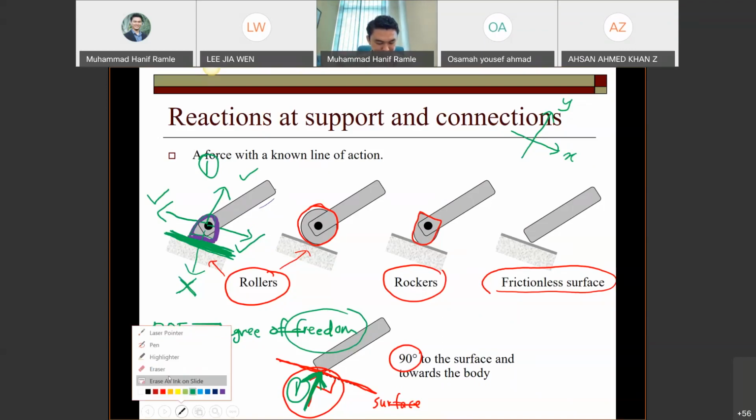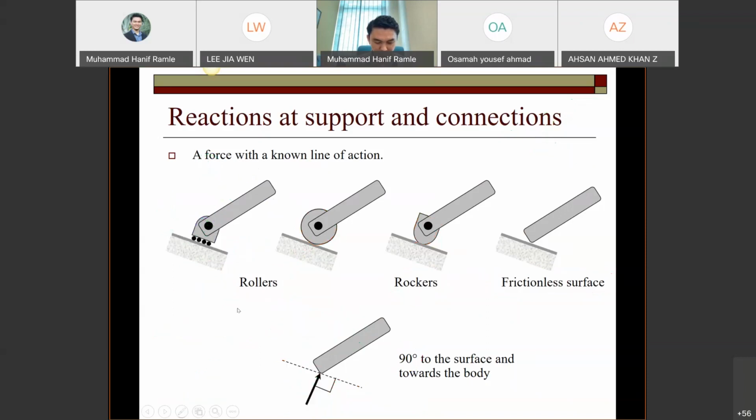Okay, so for me, I do not memorize the reaction on the system. I have to understand the system. So basically, this system has this body. Let's say I put the axis in this direction.